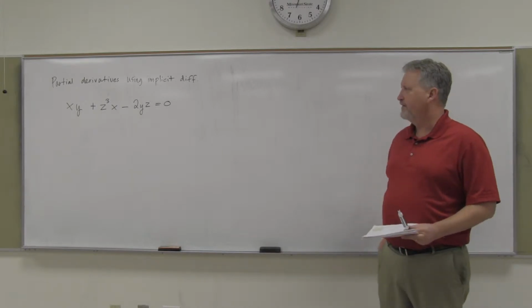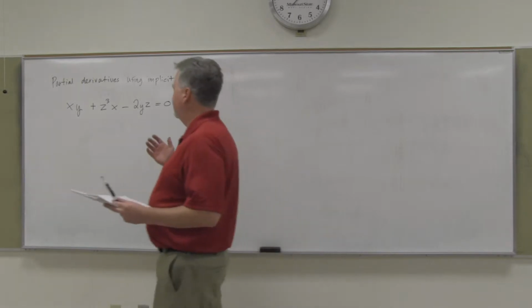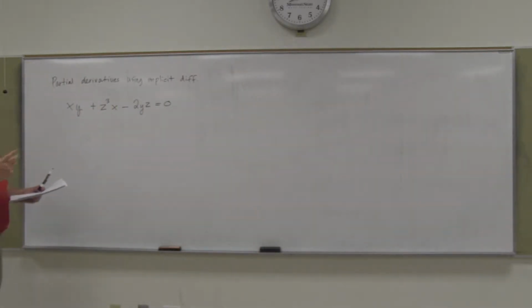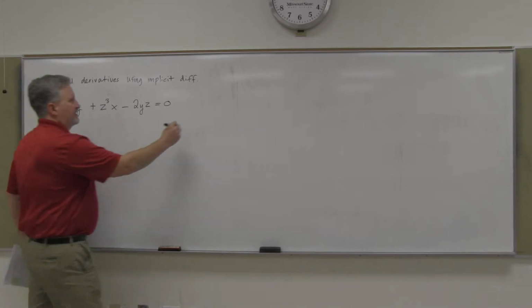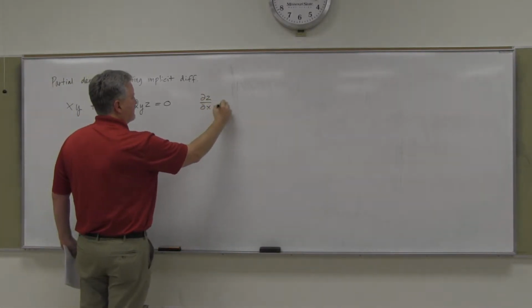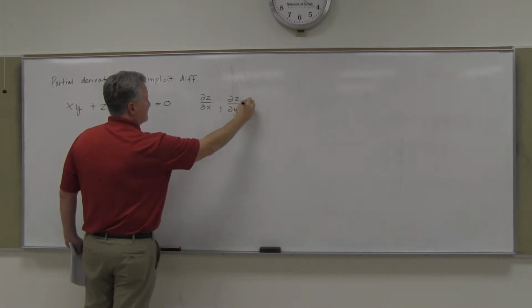Yeah, if we're seeking partial derivatives, so we've got an equation such as this, say we're interested in the partial of z with respect to x and the partial of z with respect to y.